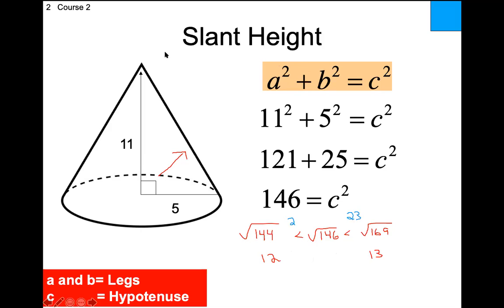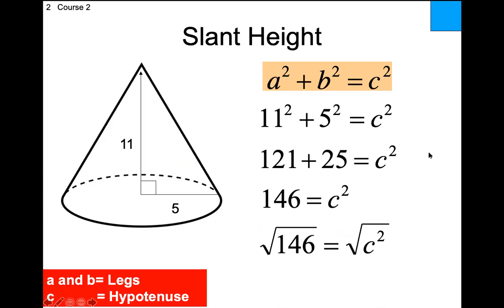You can take your calculators and confirm the square root of 146 is in fact 12.0 something. Mine says 12.08, which would round to 12.1. So hopefully you're understanding that at least for the first 16, it's not that big of a deal to do this without a calculator, right? You can do this without a calculator, at least as long as the numbers are small. So about 12.1.